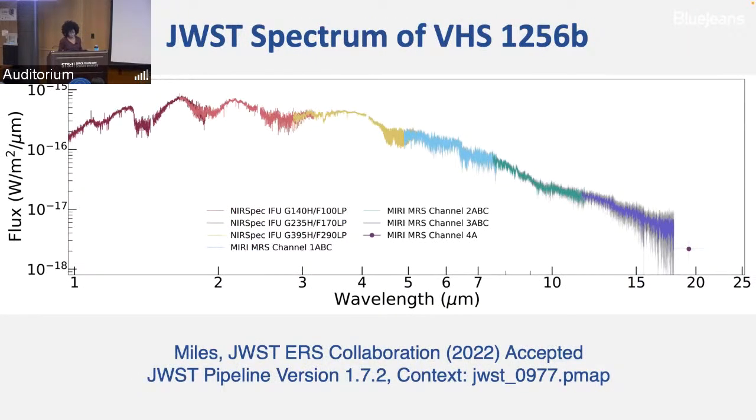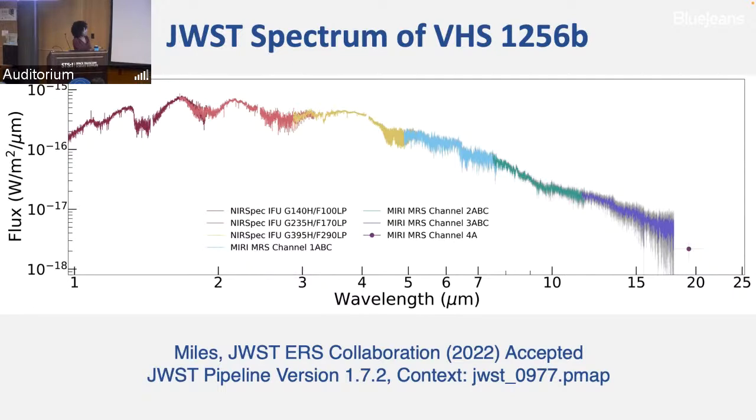So this is the JWST spectrum of VHS 1256b. All the NIRSpec filter grating combinations are labeled, and so are the MIRI channels; channels 1, 2, and 3 are labeled together. And so we have a spectrum from 1 to about 20 microns.